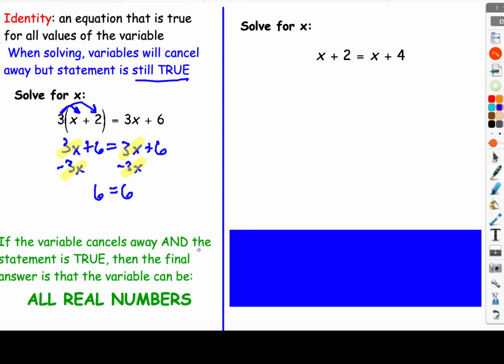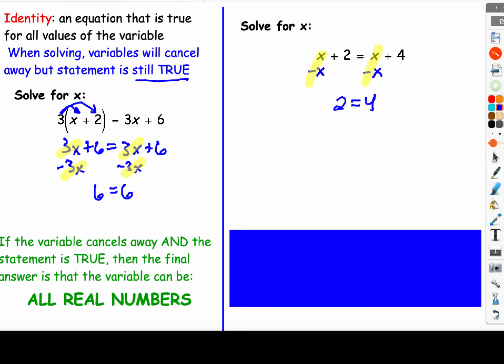Over at the right, something else kind of funny happens. Notice we've already got it simplified, but let's say I was trying to get rid of this x on the right side over here, because I want to get those two x's together. In order to get rid of a positive x, I'm going to subtract x. But again, if I do that on the left side as well, I run into that same problem. My x's are going to disappear. And notice this time we get 2 equals 4, which is kind of an absurd thought.